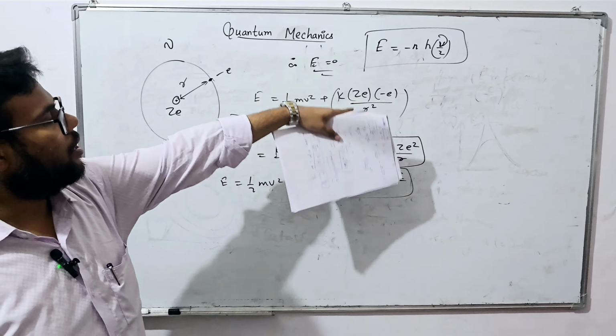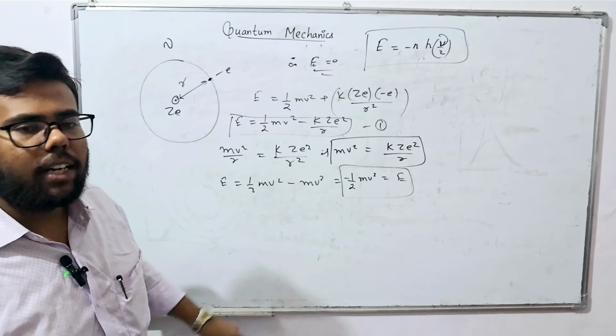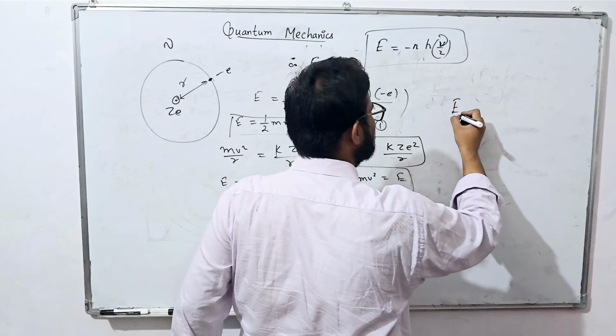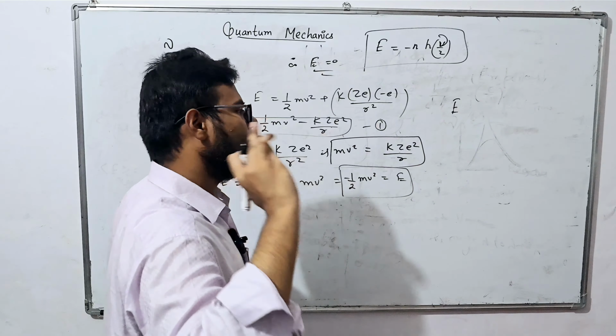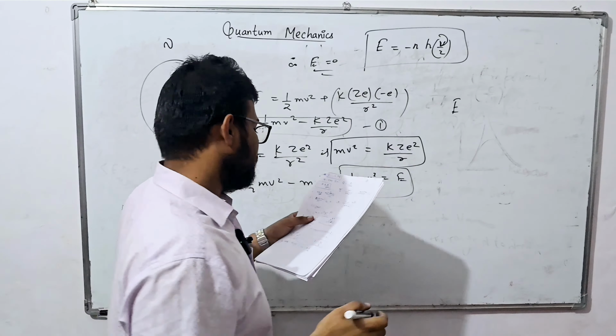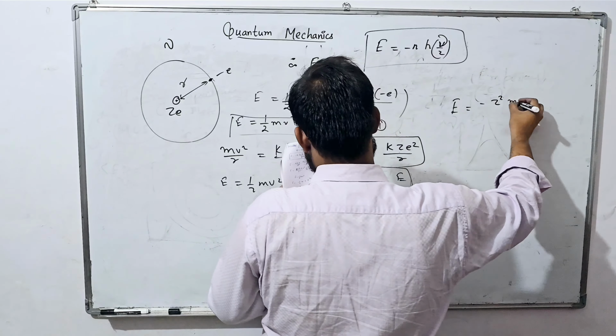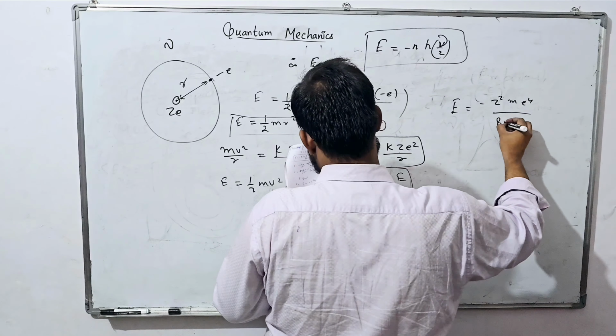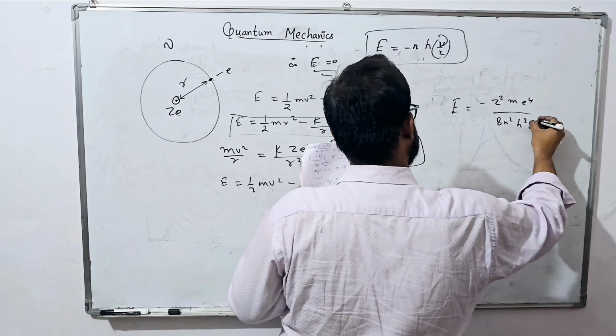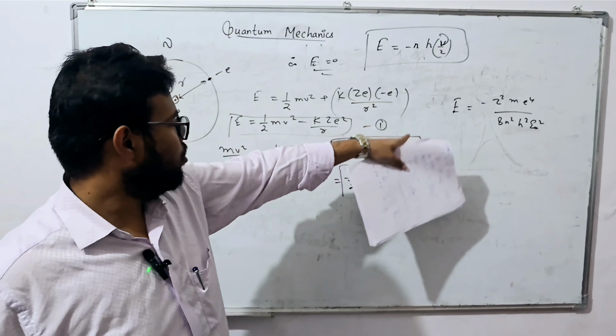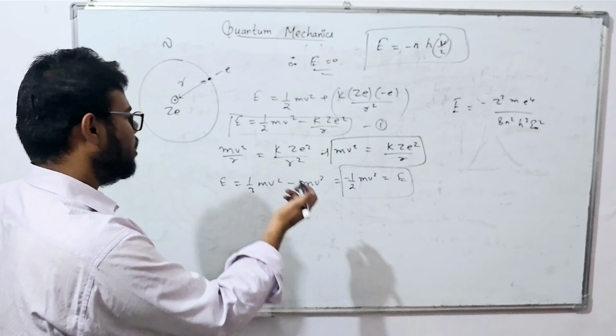So combining these three, you can end up getting the results which we usually see in the books, that it is equal to negative z square m e to the 4 upon 8 n square h square epsilon naught square. Why?